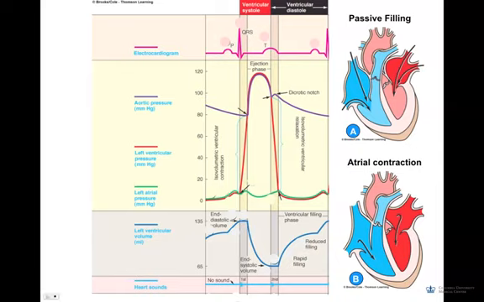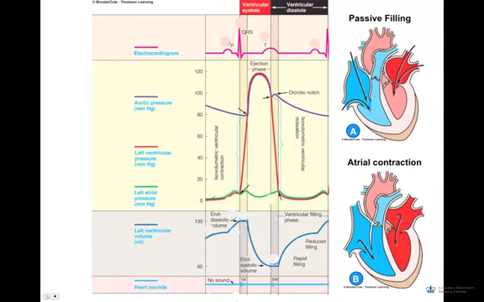Now the reason why there's so much passive filling of the heart during diastole is because while the ventricles were contracting and those AV valves were closed, during the entire time that the ventricles were contracting, those atria were still filling with blood from the venous system.